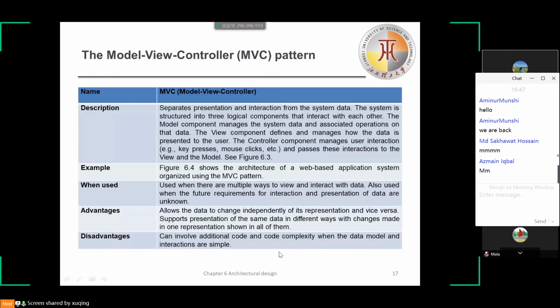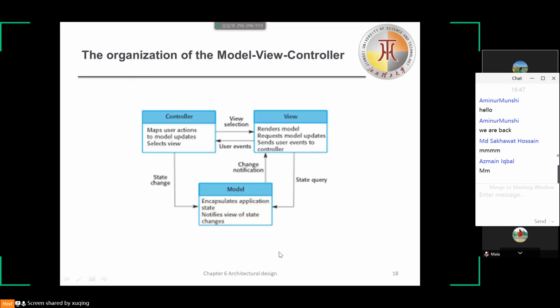As we have said here in the tabular presentation, this figure is a conceptual view of the model view controller. Here we see the model component.